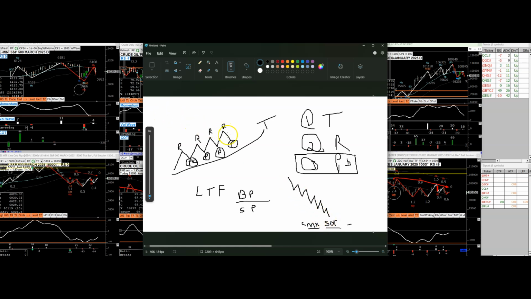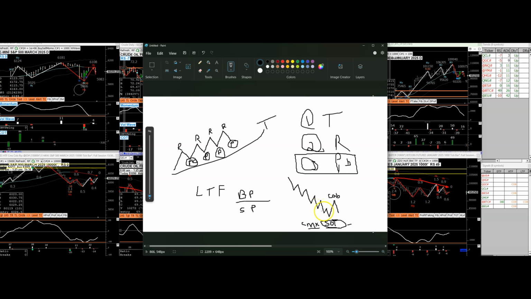So as the pullback occurs, we go to a lower time frame, we typically see shortening of the thrust, which registers as a momentum divergence. And then buying pressure comes in, which you can call your change of behavior or your sign of strength. Okay? So you have a rally, it pulls back, that pullback looks like a trend.